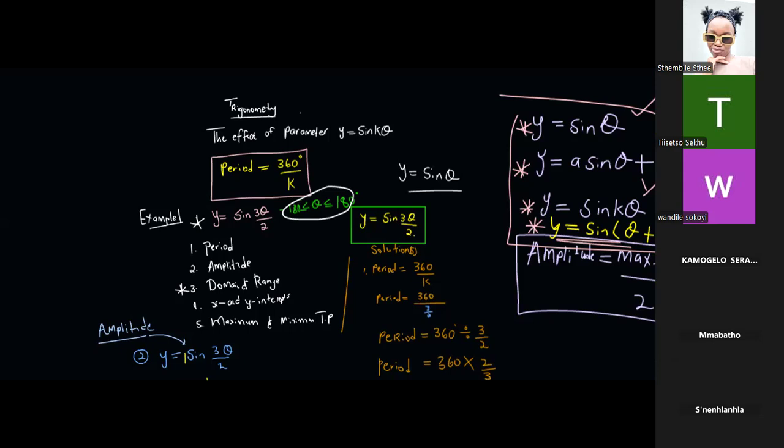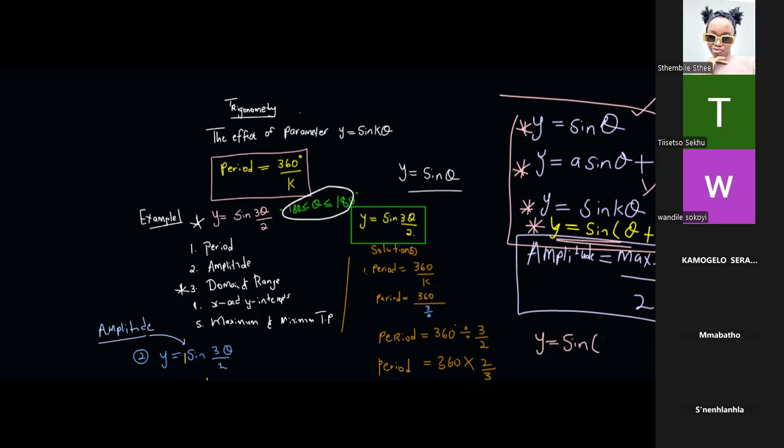Yes, sir. Okay, so these are some of the things that you must know. And then on the next session, I will be introducing this one: y equals a sine of theta plus p. Let me just guide you. Some of you already know this.